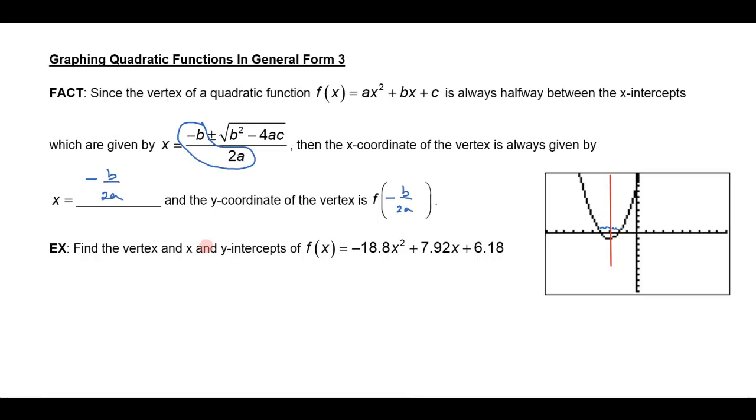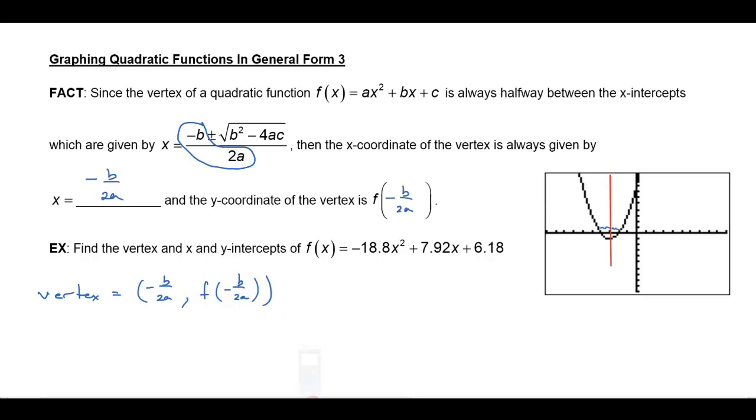So suppose I wanted to find the vertex and the x and y intercepts of this function right here. Right away I know the vertex is going to be negative b over 2a for the x-coordinate, comma, and then f of that negative b over 2a.